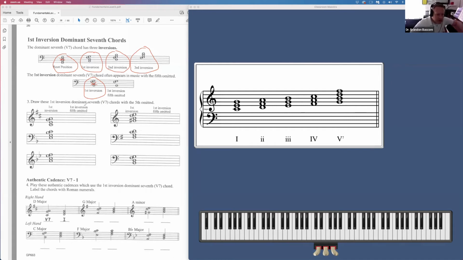So on part 3, we are drawing our first inversion chord of the dominant seventh, but we are omitting the 5th scale degree. So it'll be a 3-note chord like that.